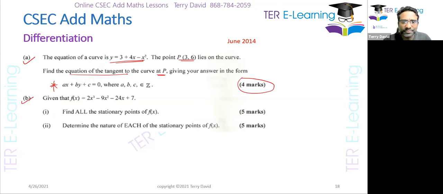In part B now, they gave us a function. It's a cubic function, and they want us to find all the stationary points on f of x, right? Now, if you want to find your stationary points, essentially what we need to do, we need to find the differential first. At a stationary point, my differential or my dy dx is equal to 0. So let's write down what the function is first.